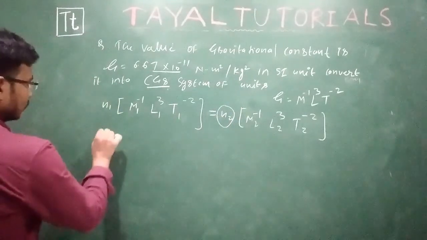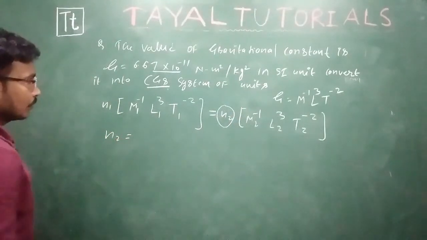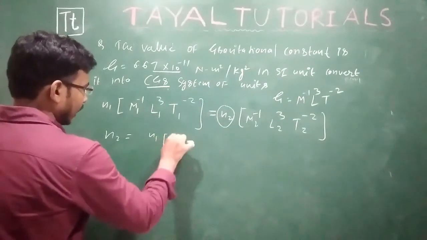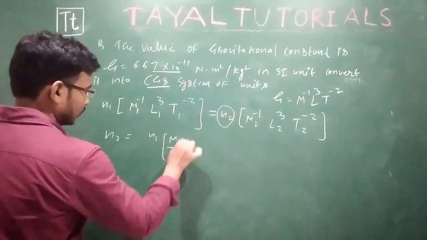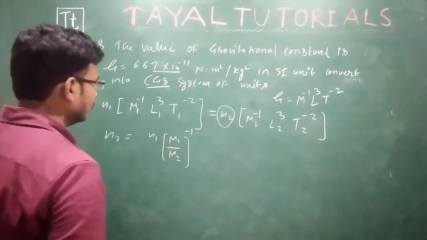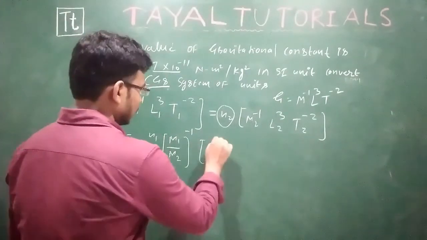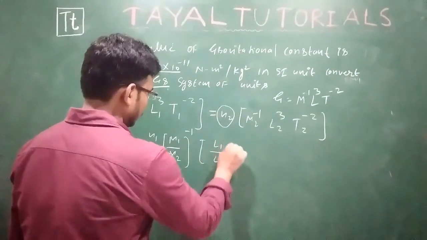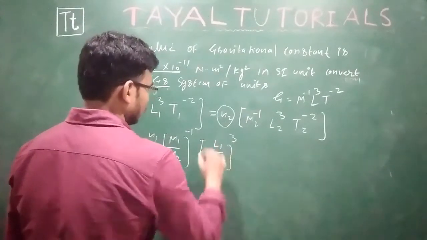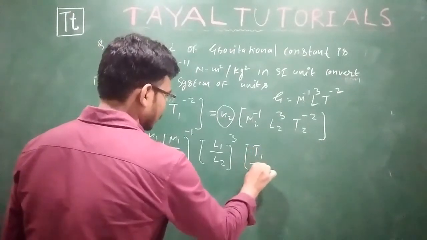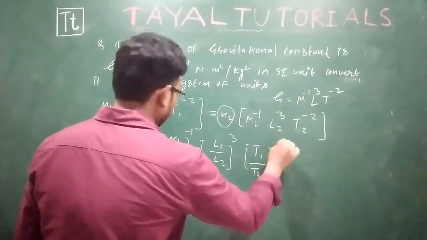So n2 is equal to n1 times M1 by M2 to the power minus 1, L1 by L2 to the power 3, and T1 by T2 to the power of minus 2.